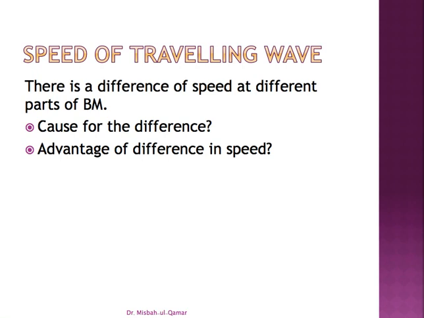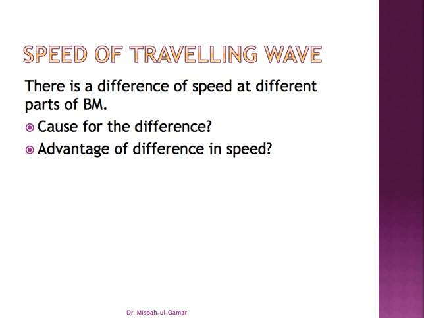Right. The speed of the traveling wave also has some variation. The sound wave travels fast along the initial portion of the basilar membrane, but it becomes progressively slower as it goes farther into the cochlea.